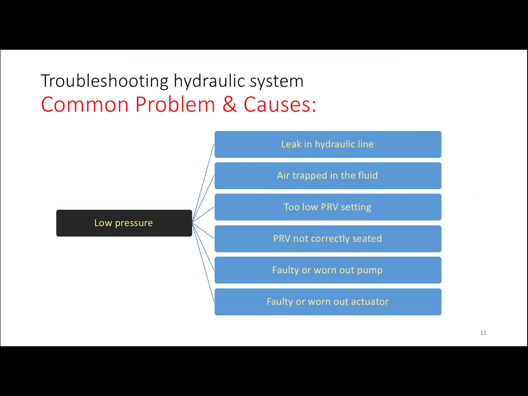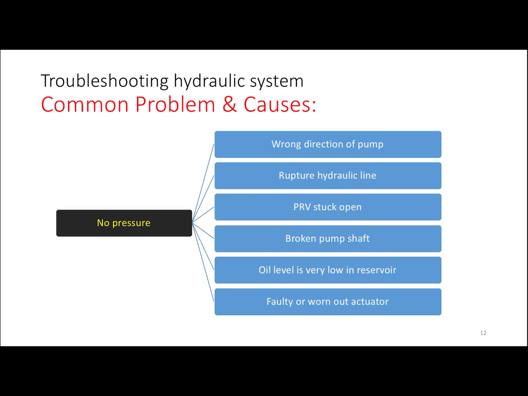Another one is because the PRV has a problem itself, such as not being correctly seated on the valve seat. And the worst thing is because the pump is already faulty, and also the actuator is already faulty or worn out. So these are the typical problems if we find low pressure in a hydraulic system.